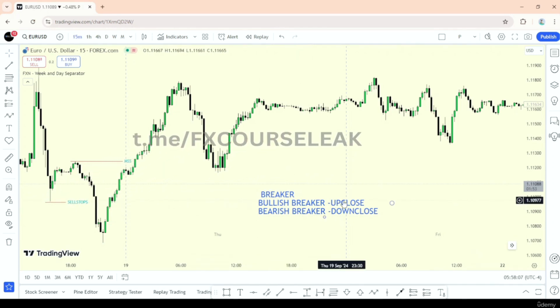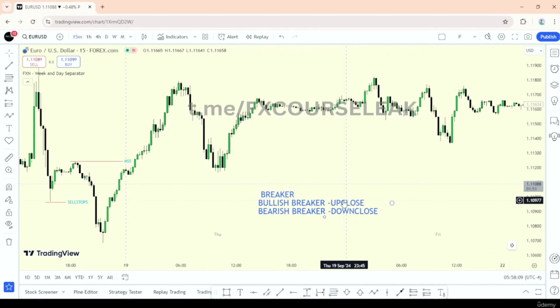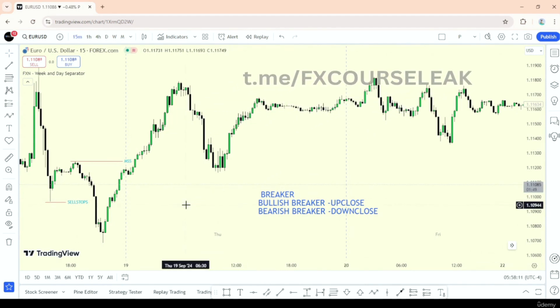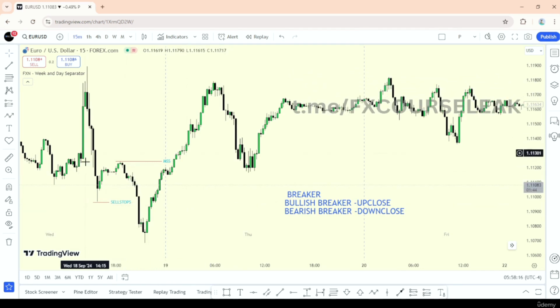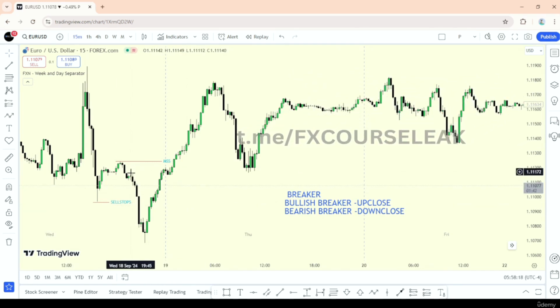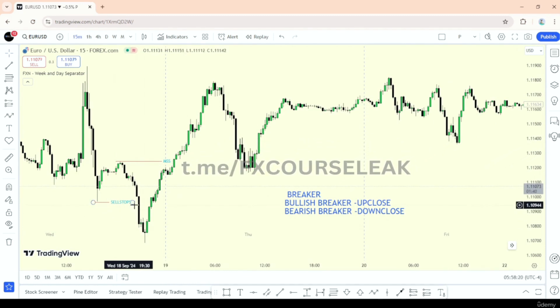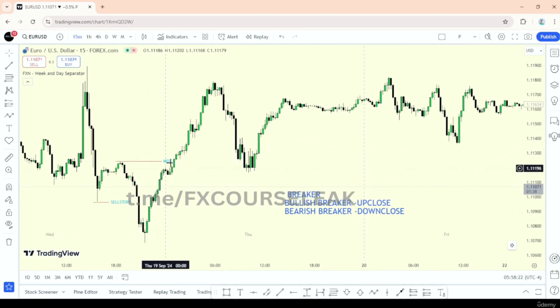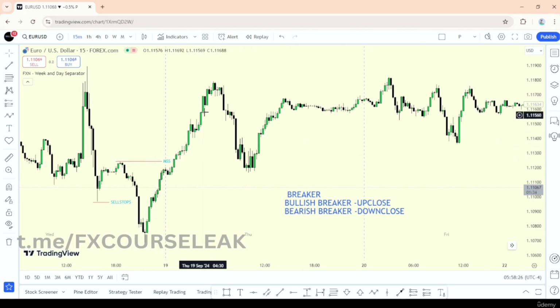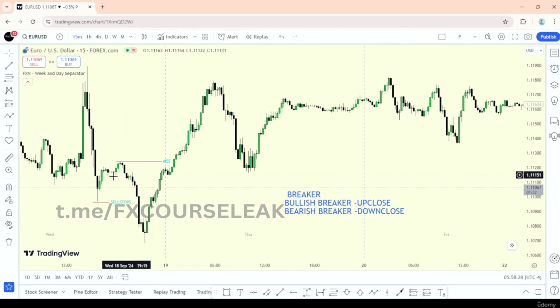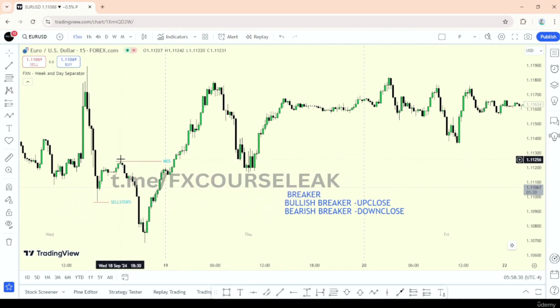So a bullish breaker is an up close candle before a bullish move. For example, here we can see that the market was in a downtrend. It was going down, but immediately we ran sell stops and then further ran to close above this swing high, and closing above it, then running higher. So we have this last up close candle.